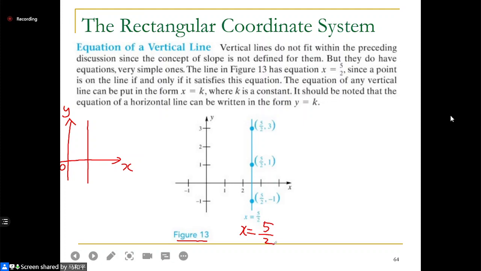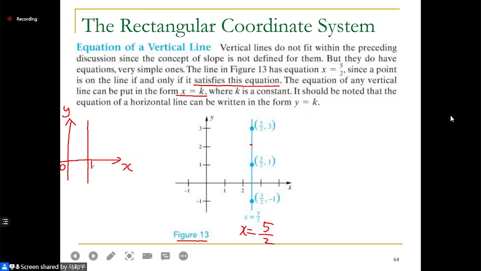A point is on the line if and only if it satisfies this equation. For any point on this line, the x coordinate is equal to 5 over 2, so it satisfies this equation. The equation of any vertical line can be put in the form x is k.